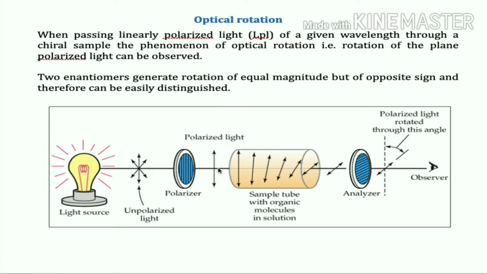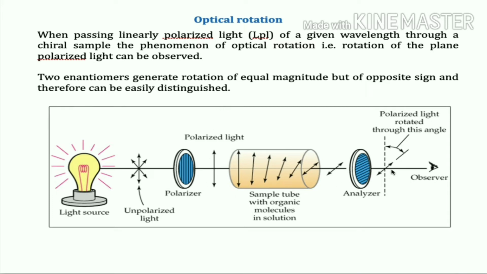That is, it propagates in one direction. Whenever this linearly polarized light is passed through a sample, if it is chiral, it is going to show rotation of plane polarized light. Two enantiomers generate rotation of equal magnitude but of opposite sign and therefore can be easily distinguished.